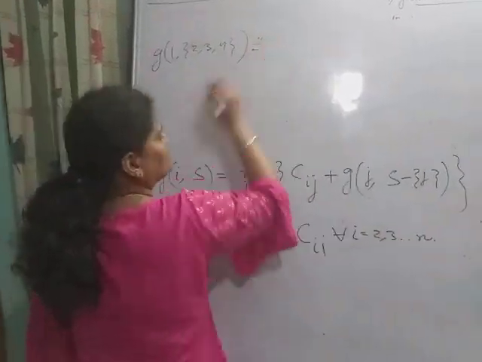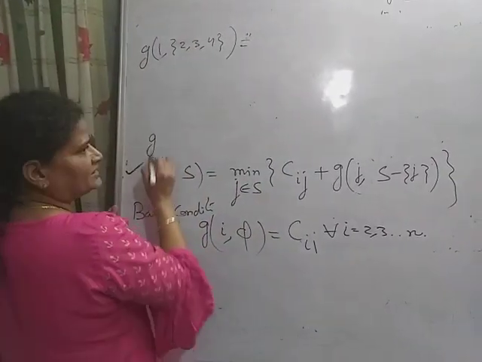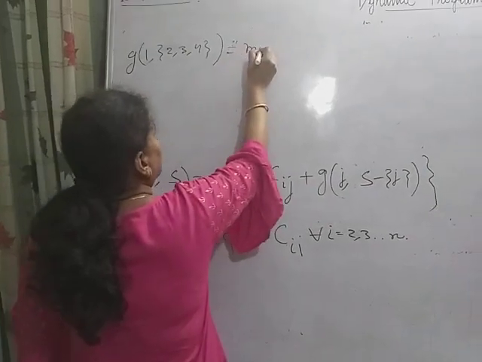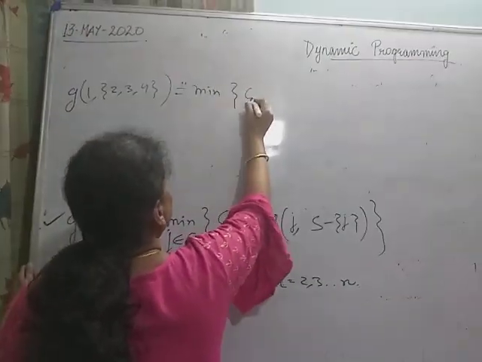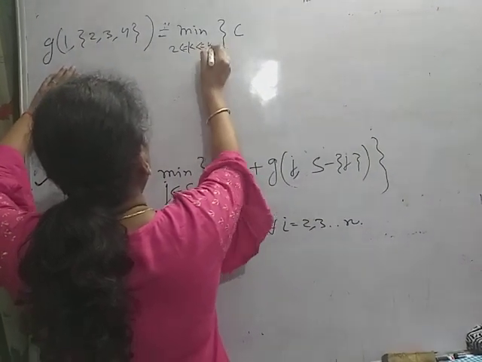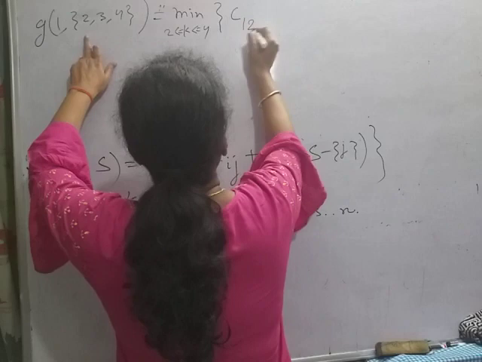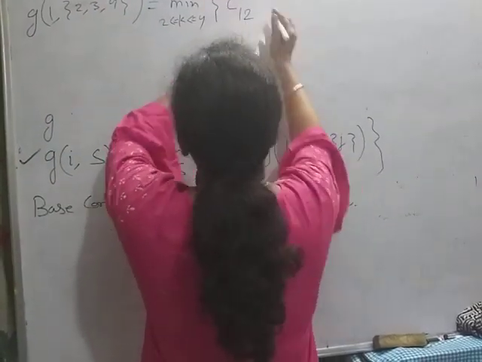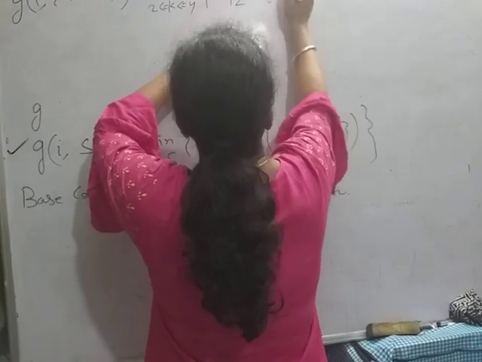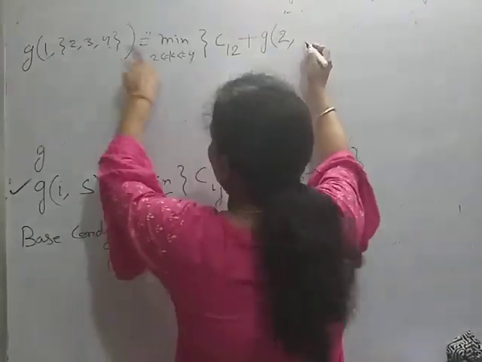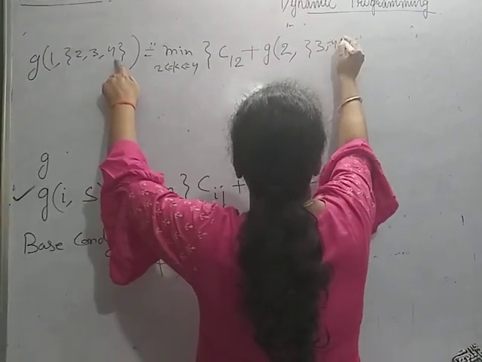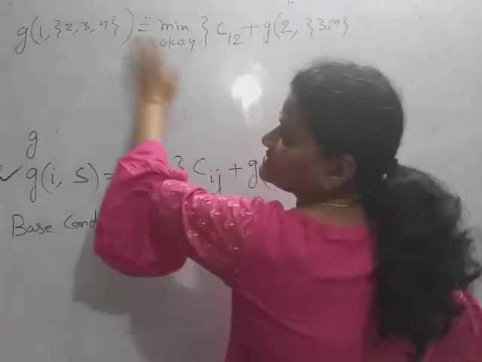So what will its value be? Just as I am writing again, G(1, {2,3,4}) is the minimum of C(1,k), where k is greater than or equal to 2 and less than or equal to 4 for this example. C(1,2) plus G(2, {3,4}), as from S, 2 is subtracted.